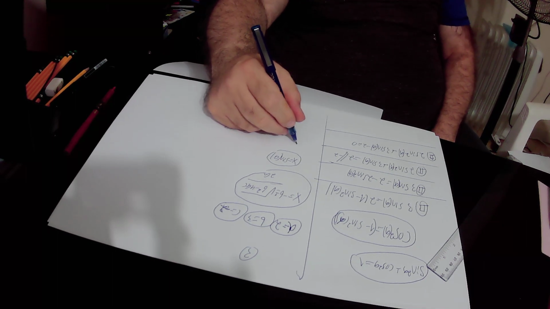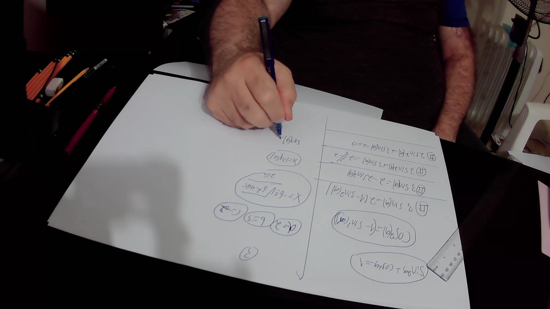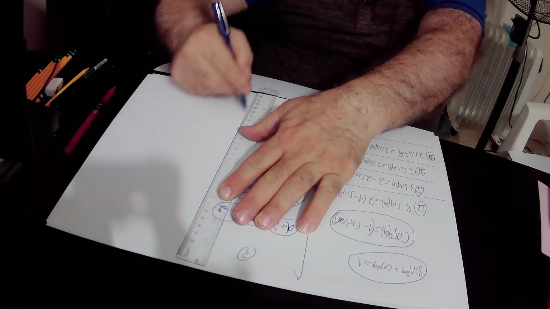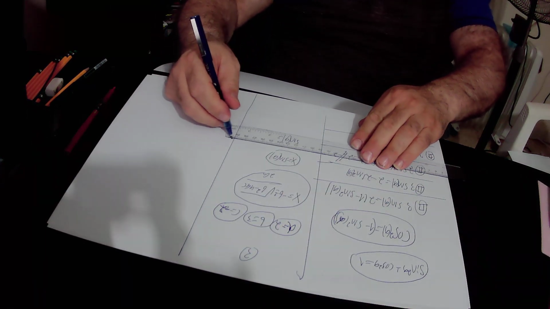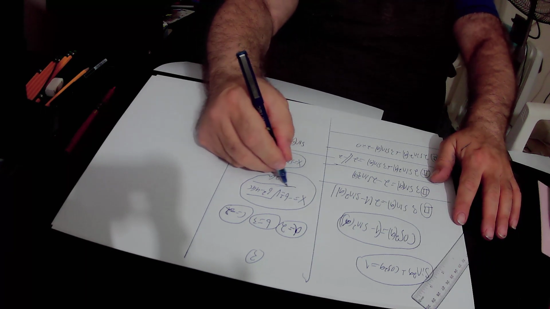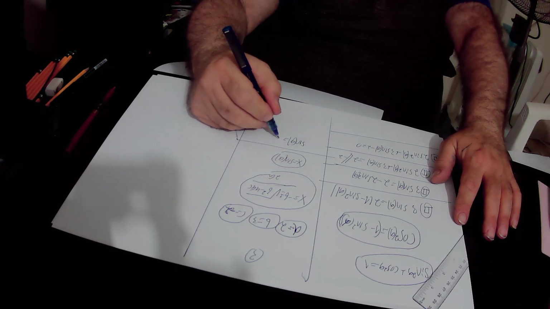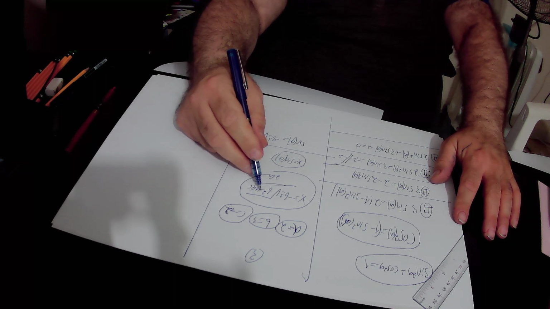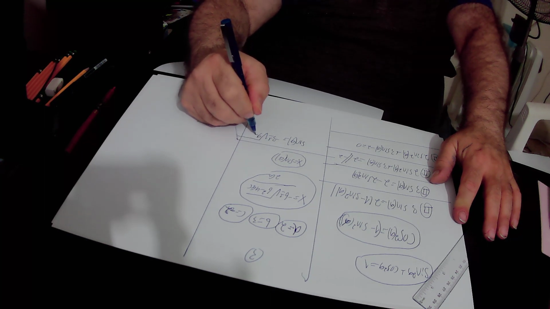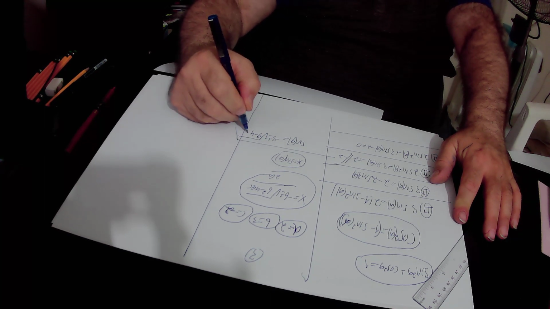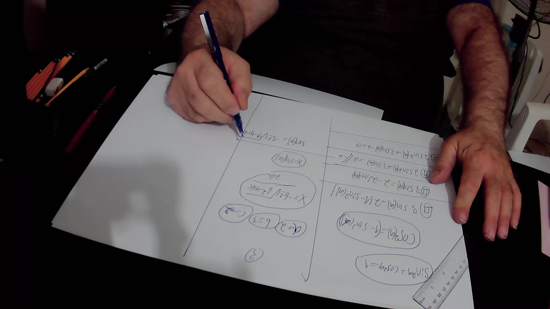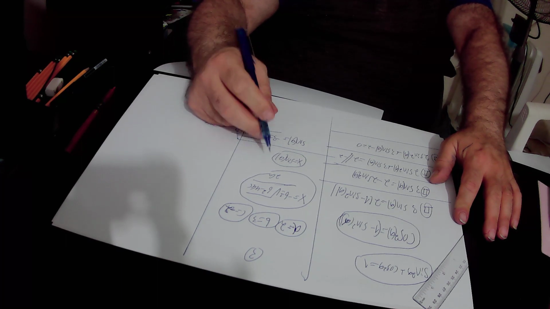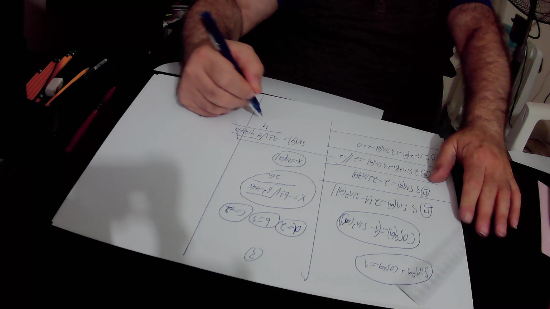So we get that sine alpha equals minus b. B equals 3, so minus b is minus 3, plus minus square root of b squared. B is 3, so b squared is 3 squared, that is 9. Minus 4 times a, which is 2, times c, that is minus 2, over 2a. A is 2, so 2a is 2 times 2, that is 4.